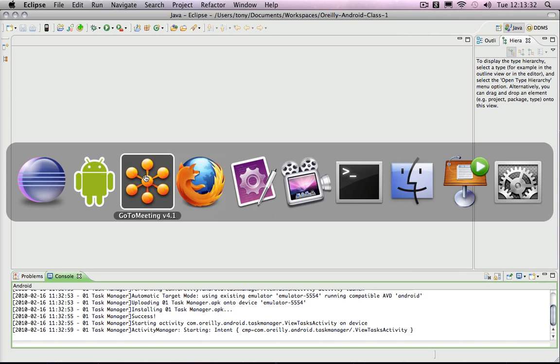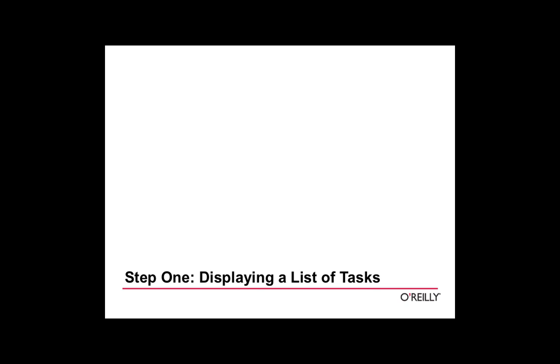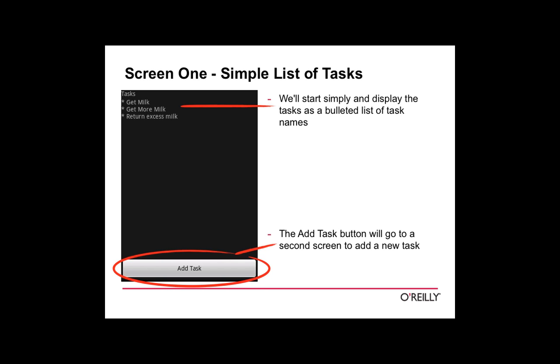Okay, so the first step we're going to take, switching back to the slides here, is just displaying a list of tasks. The task screen is going to look like this for our first iteration. We'll just have that bulleted list in the middle, and then down at the bottom there'll be an Add Task button.